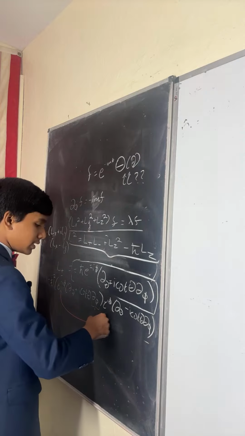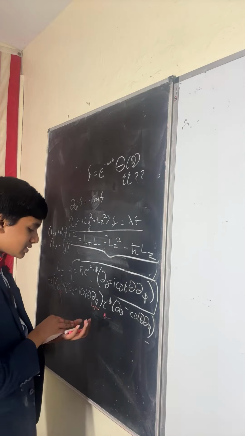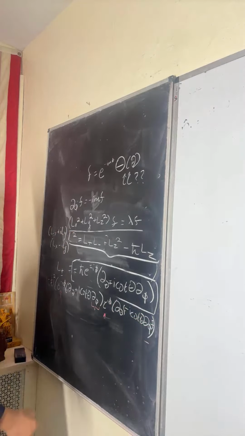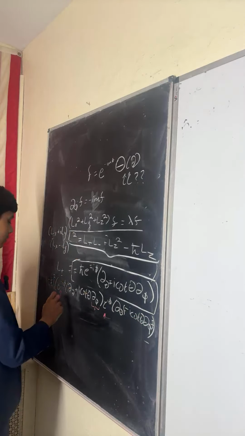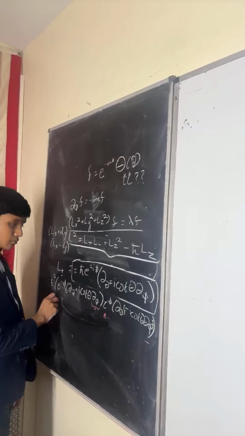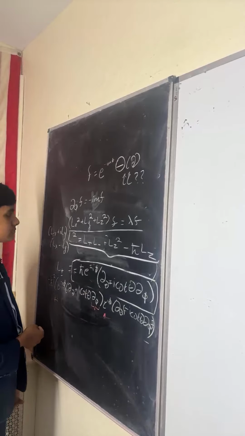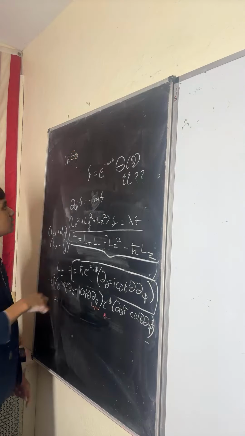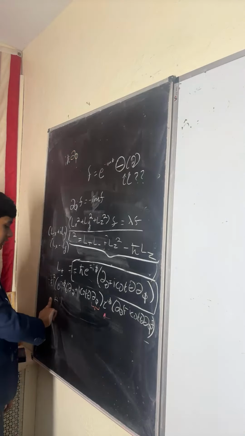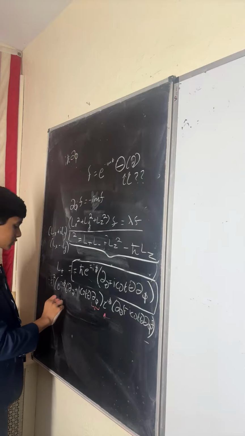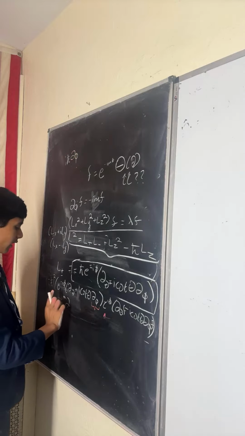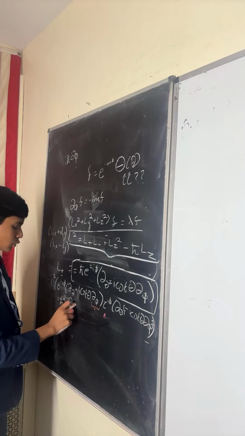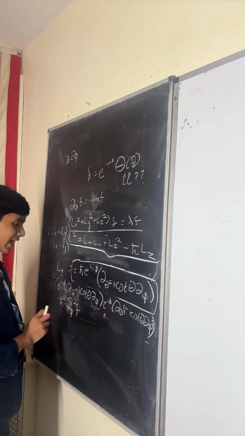But hold up, wait a moment. This is just the first term. Then you'll also have the L_z squared terms. What does that become? Well, L_z was i H bar partial phi, which means squaring that should give us minus H bar squared partial phi squared of f.